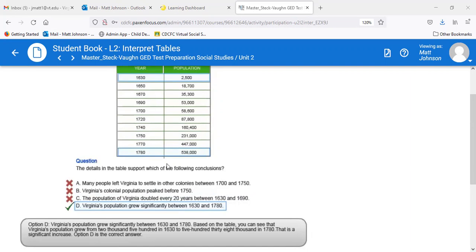And here, the best answer is actually a little more broad, but D, Virginia's population grew significantly between 1630 and 1780, that fits, right? There's no question there. There's no wiggle room. It's certainly broad, but it certainly fits both columns and rows there.